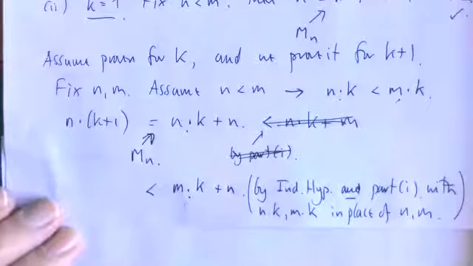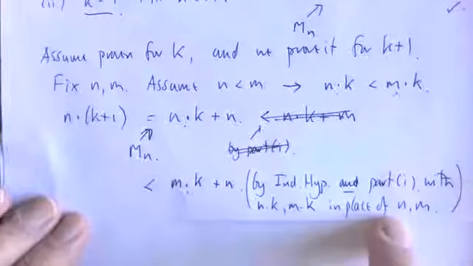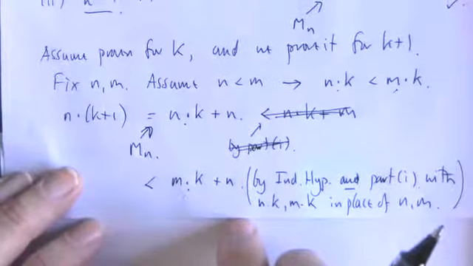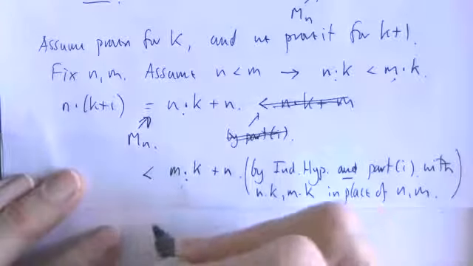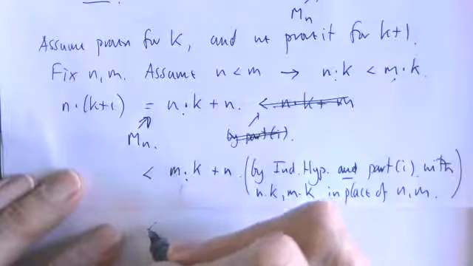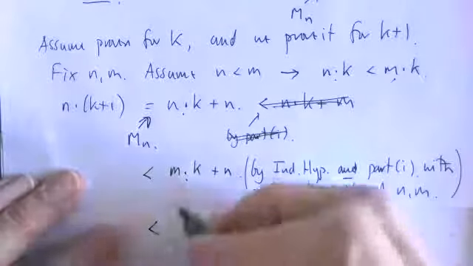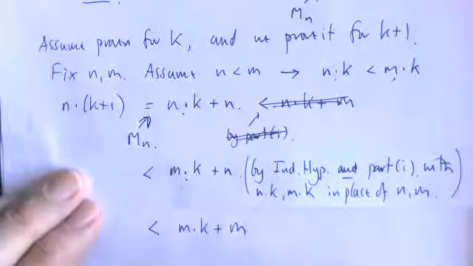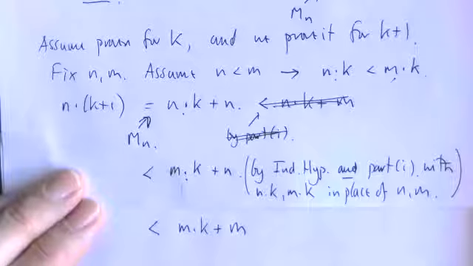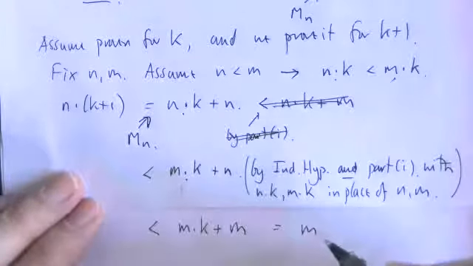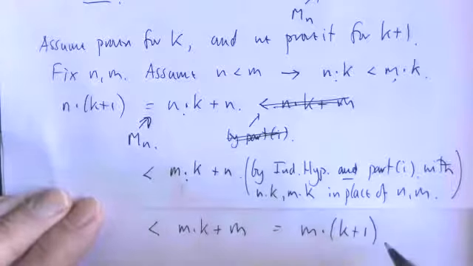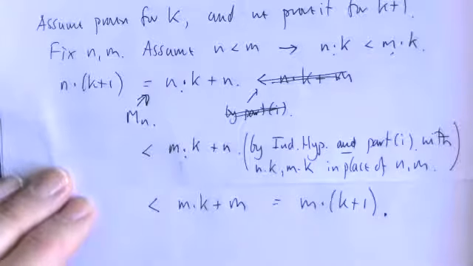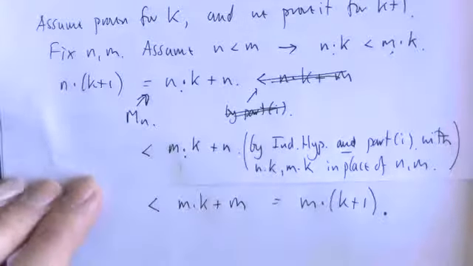To slightly over-explain this last bit here: because addition we've proven is increasing, this is less than this here. And this is just m times k plus 1 over here. So just a slightly trickier move at this point.